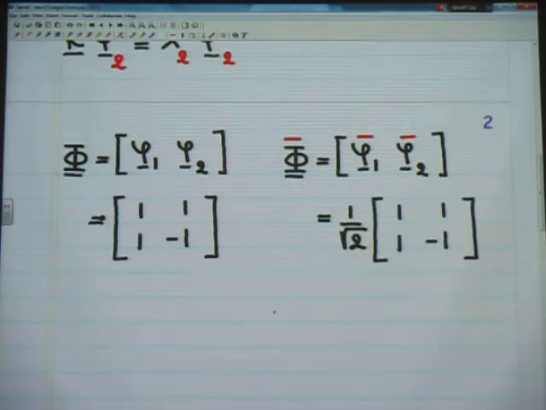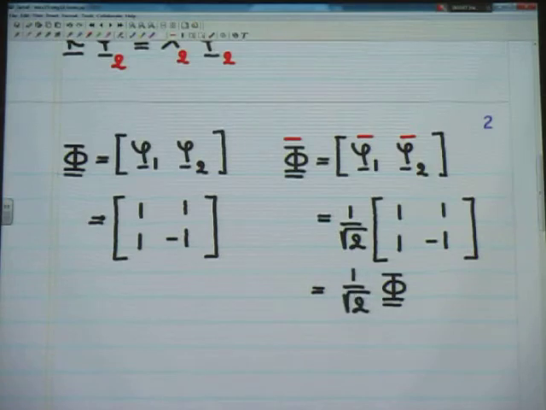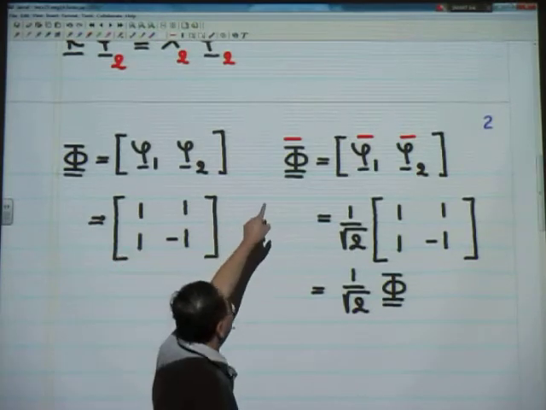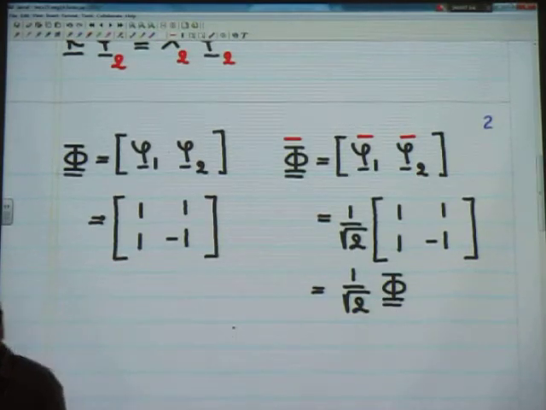Therefore, the matrix cap phi bar is simply equal to 1 over square root of 2 multiplied by the matrix cap phi. That's the relationship between the two matrices, cap phi bar and cap phi.